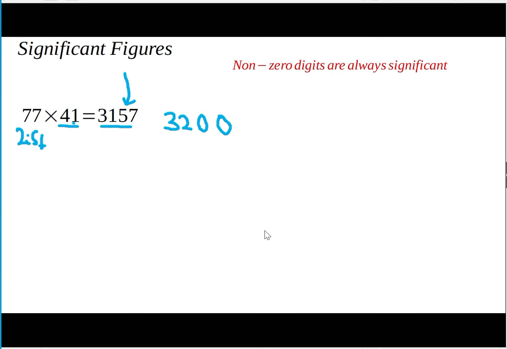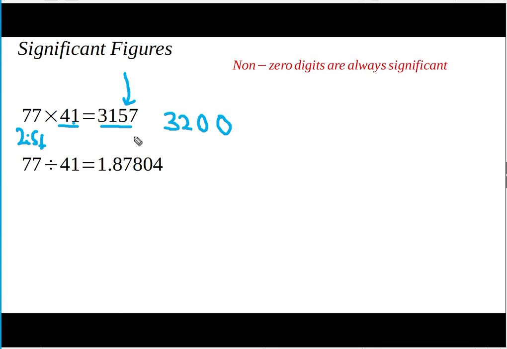The next question I want to look at is 77 divided by 41. In the same way, since the numbers we are dealing with both have two significant figures, this must be written in two significant figures.